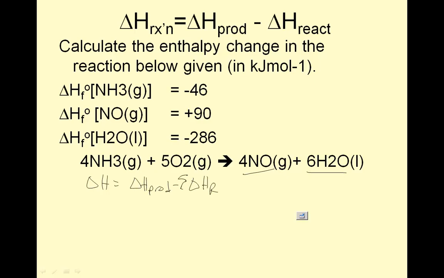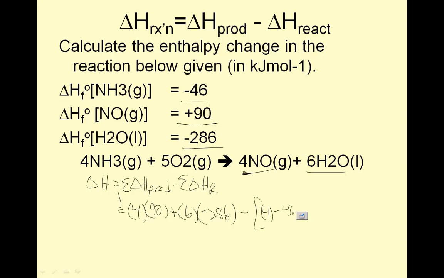Every once in a while you see the little sigma sign, which means you sum up. My products will be 4 NO's, and NO is 90, plus, and then 4 because of the coefficient, 6 waters, negative 286, minus, big bracket thing, reactants, 4 times NH3, negative 46, plus, now they didn't give me oxygen.